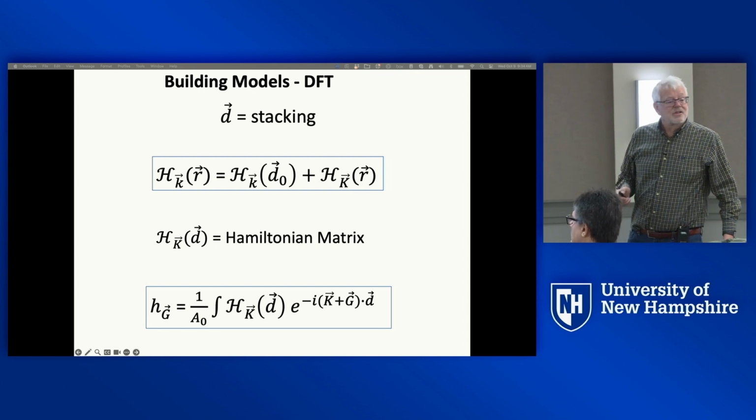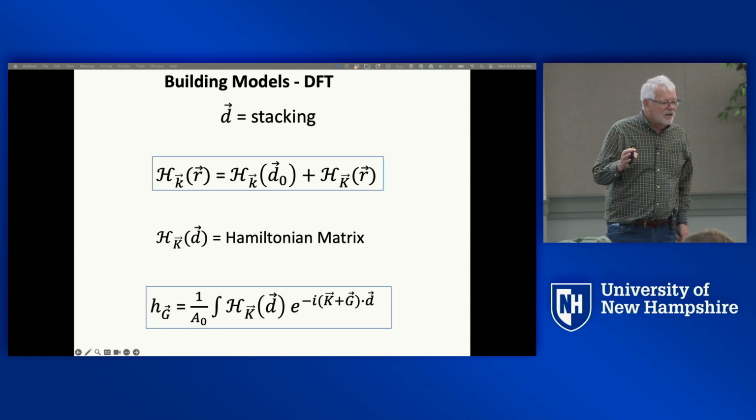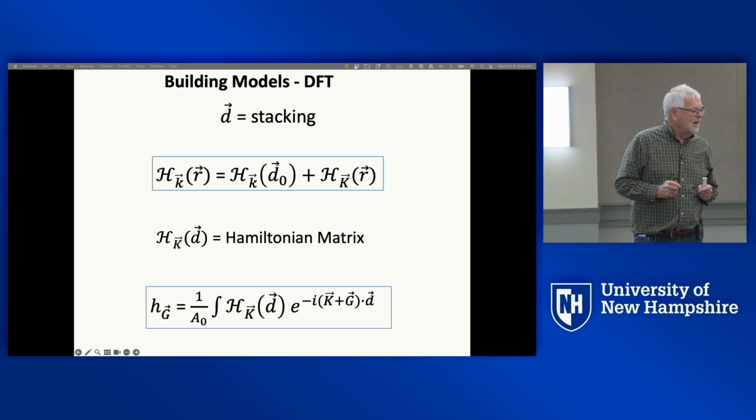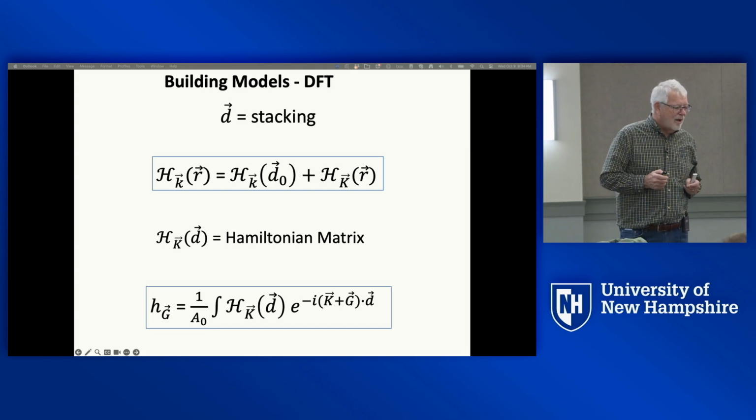And so I described a way, for the example of graphene, of building a simple model with one phenomenological parameter. There may be cases, and there are cases, where you want more detail.